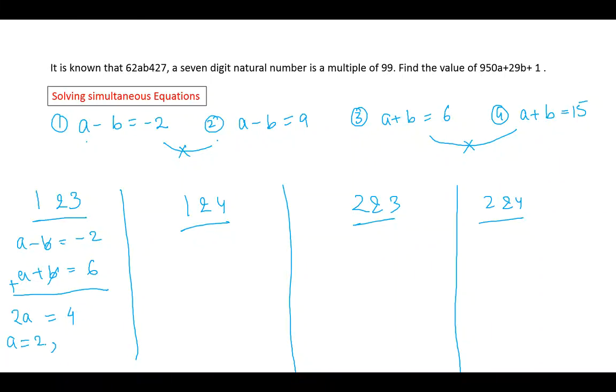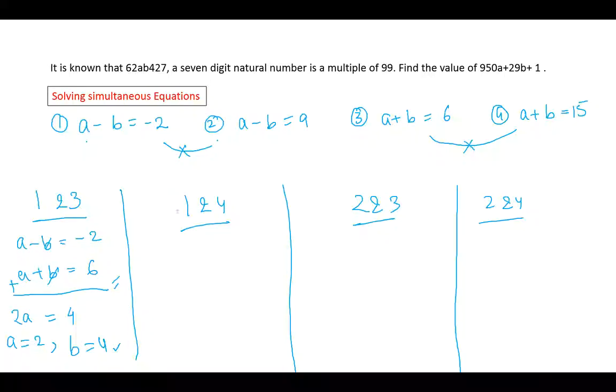It perfectly satisfies my criteria that it is a whole number between 0 and 9. So if I put a equal to 2 in the second equation, I get b equal to 4. Both are satisfying my criteria, so I don't need to worry about that. These values are correct.